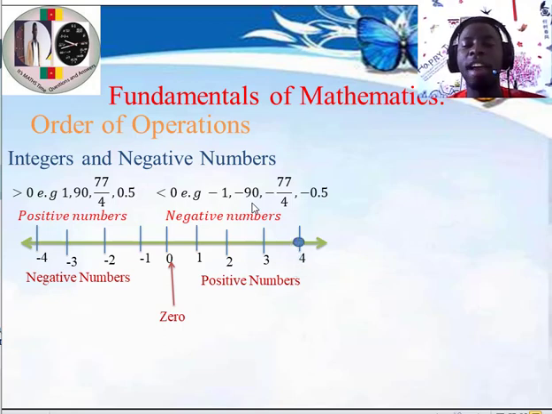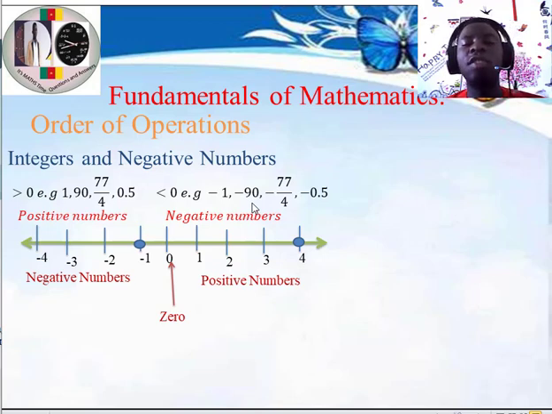We can also be asked to plot another number, let's say -1. We draw our number line, and on -1 we indicate that point by shading it. So on that number line we have plotted the points 4 and -1.